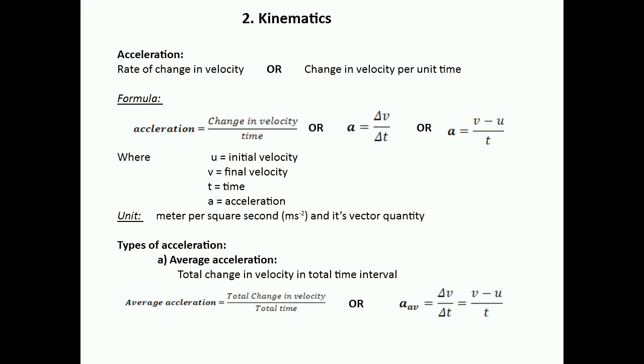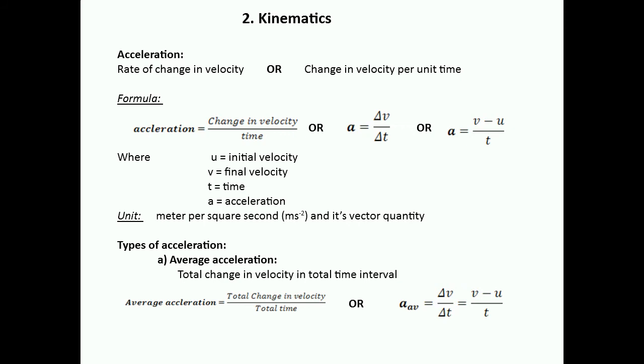Now the formula for acceleration is change in velocity divided by time. Change in velocity is written as del v divided by del t. Del means change. So if I write it, a = (v minus u) divided by t, where u is the initial velocity, v is the final velocity, t is time, and a is the symbol for acceleration.